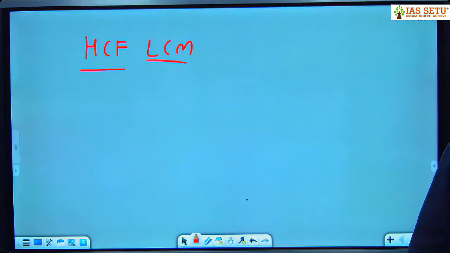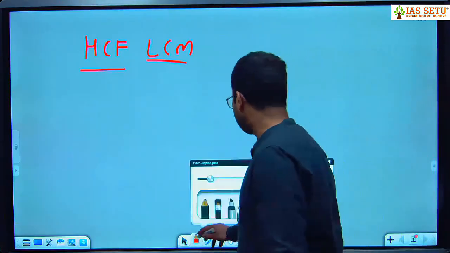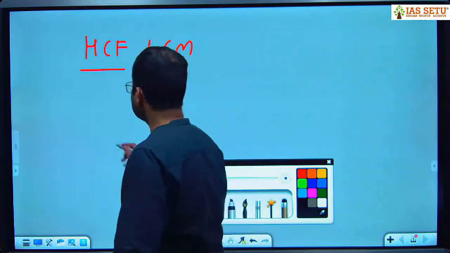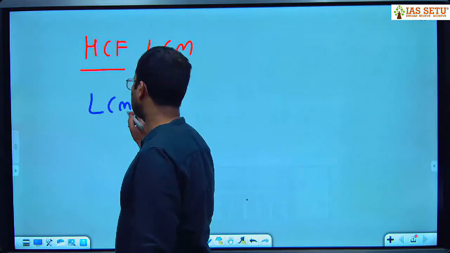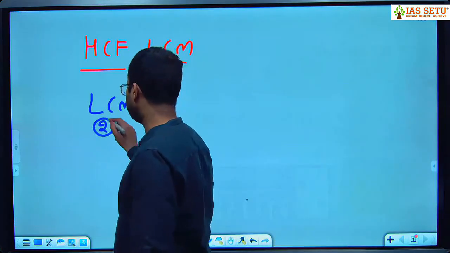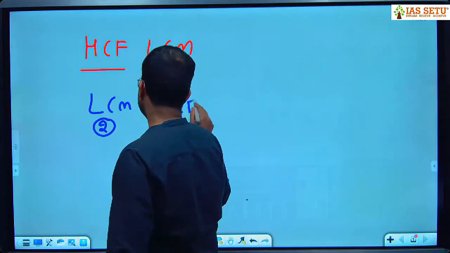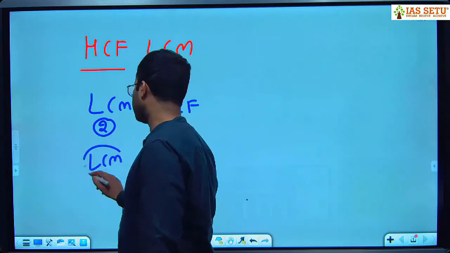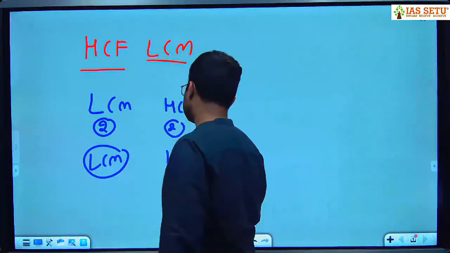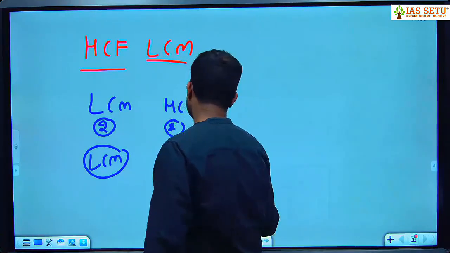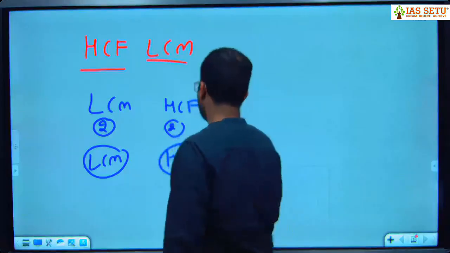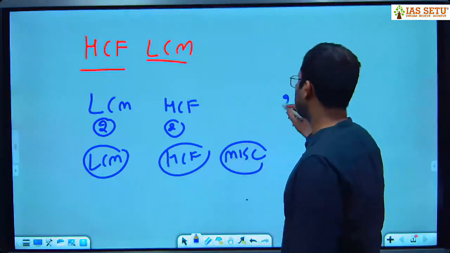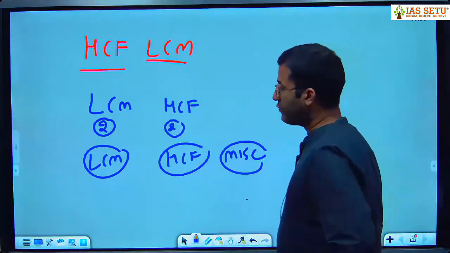And I give you two property on HCF. What is the idea for today's lecture? First, we will cover questions on two properties of LCM, two properties of HCF, then we will do 5-6 different types of LCM, then 5-6 different types on HCF, then we will do miscellaneous questions. For all this, I need around 2 or 2.5 lectures. So now we start with LCM.